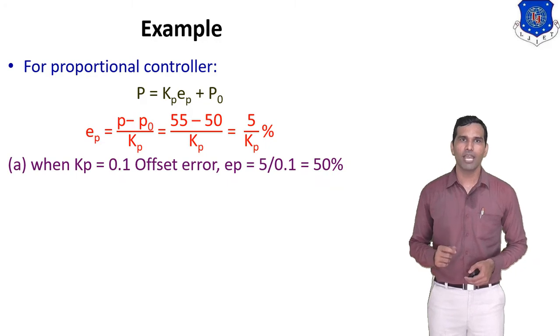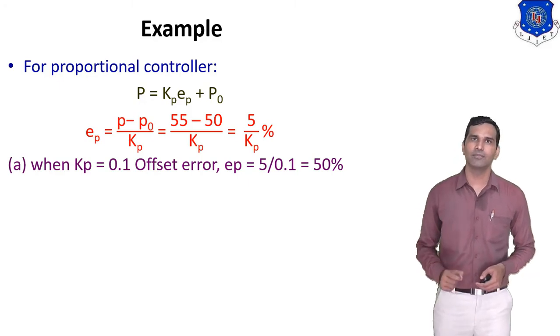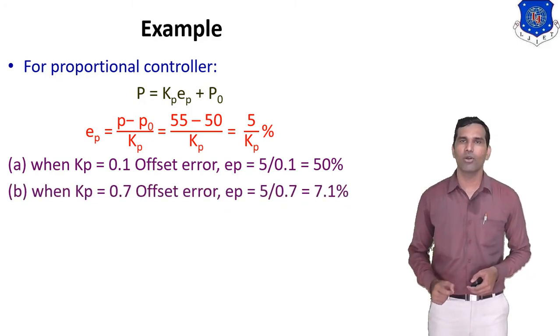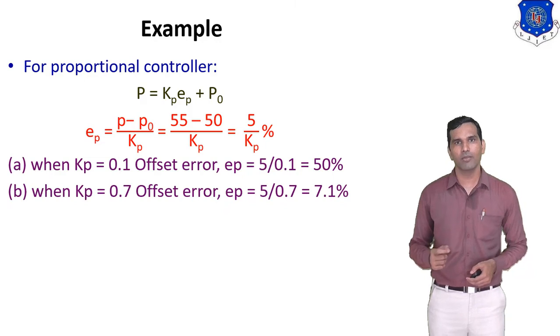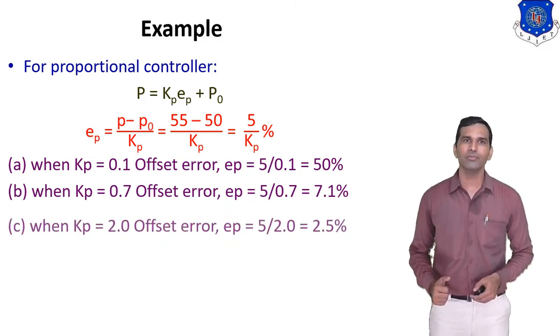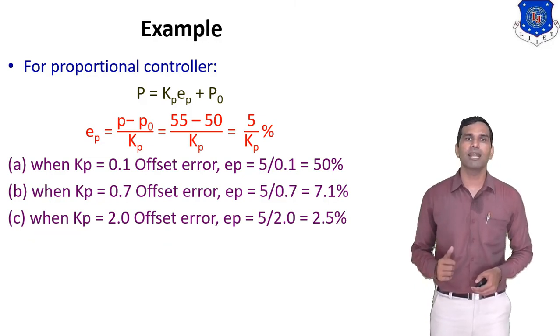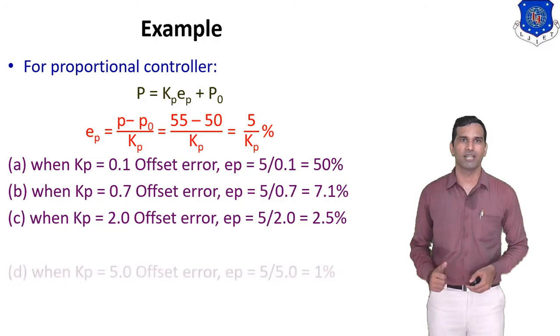So for Kp equal to 0.1, the offset error is equal to 50%. Now the second one, for Kp equal to 0.7, the offset error becomes 7.1%. And when Kp is equal to 2.0, the offset error becomes 2.5%.